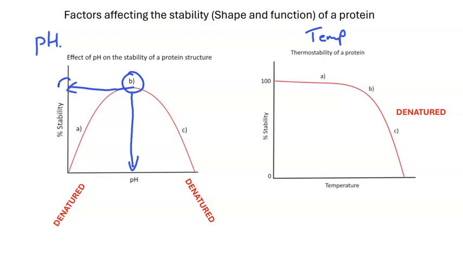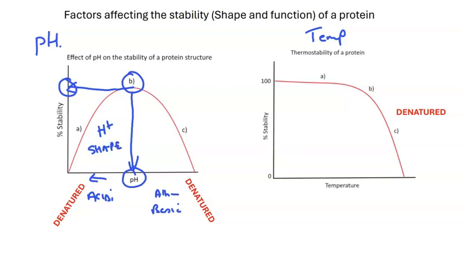So the protein is stable at this pH here, but if we decrease the pH, making it more acidic, or increase the pH, making it more alkaline or basic, the addition of protons here causes a change in the shape, and a change in the shape changes the function.